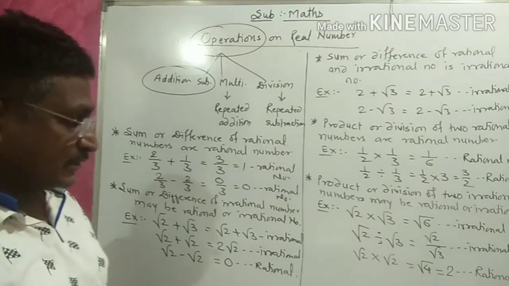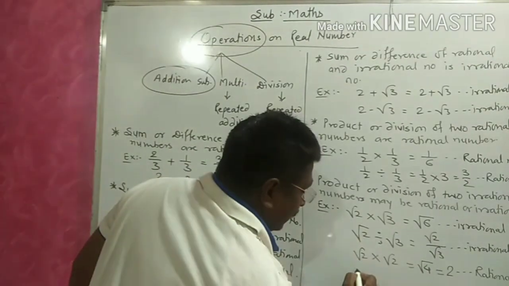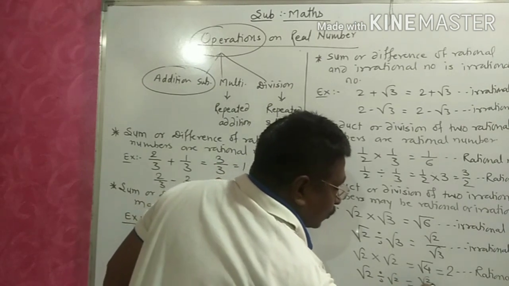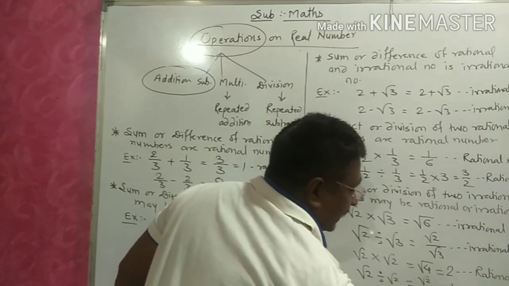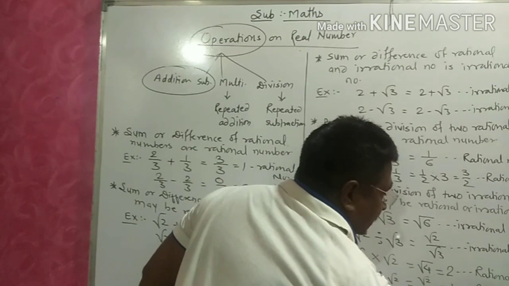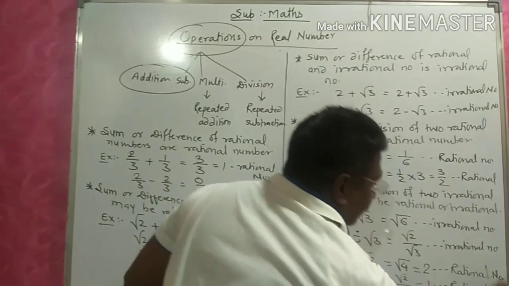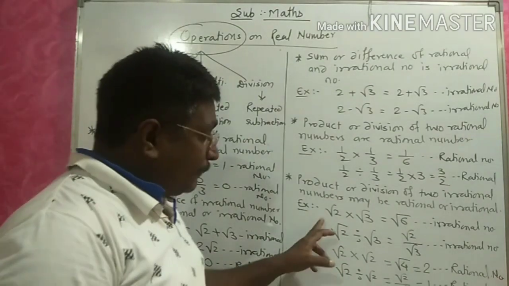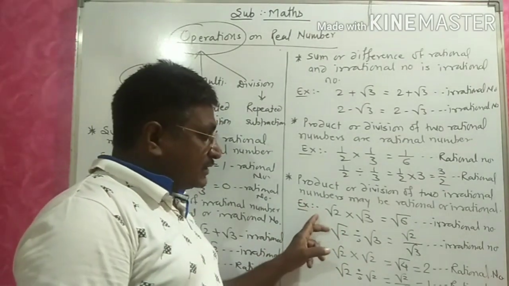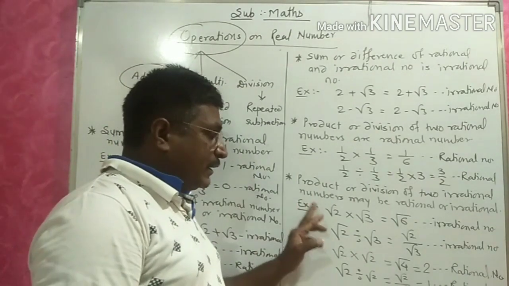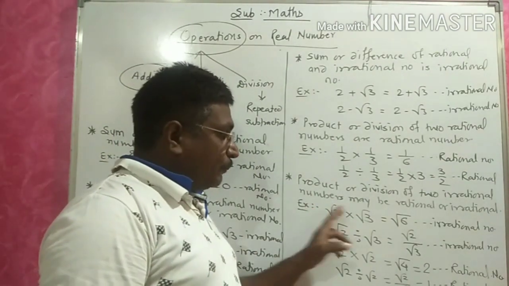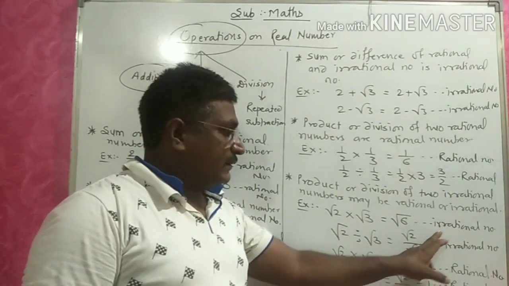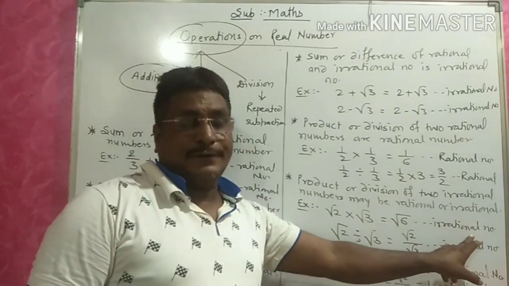2 is a rational number. In the same way, root 2 divided by root 2. What will we get? 1, which is a rational number. So from this, what can we conclude? If we multiply or divide two different irrational numbers, then the product or division is an irrational number.